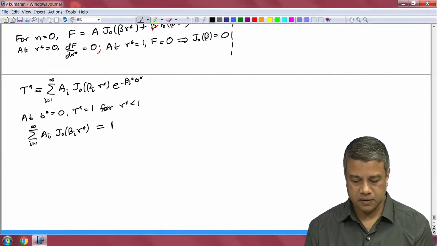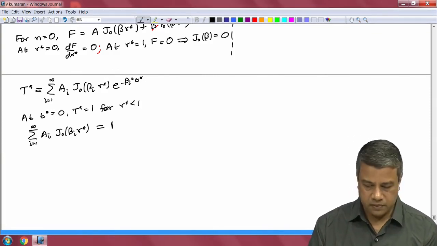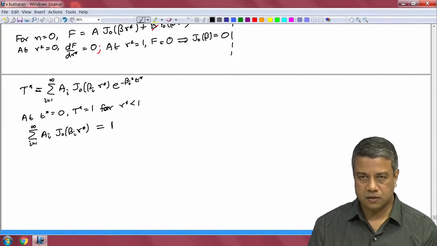So, it appears that we have an infinite number of coefficients and we have only one equation. However, we can use the orthogonality relation.